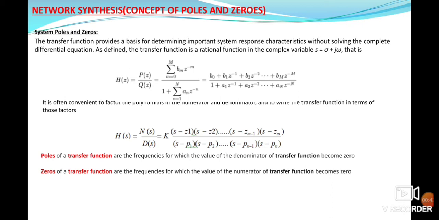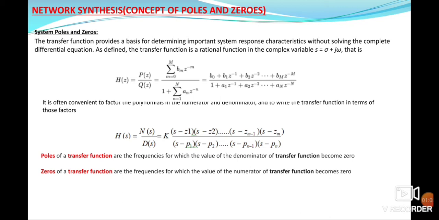Before starting, we need to know what we mean by a transfer function. A transfer function is basically the Laplace transform of the impulse response of output to the Laplace transform of the impulse response of input, with all initial conditions as 0.